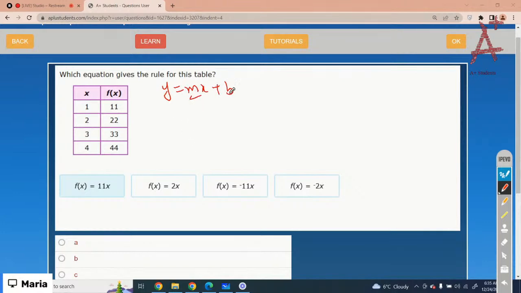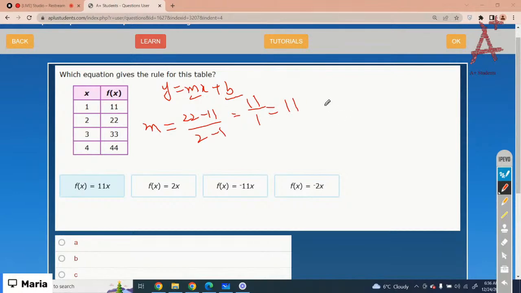You have to find the slope and y-intercept. You can find the slope using any of the 2 points, y2 minus y1, 22 minus 11, and x2 minus x1, 2 minus 1. Got it? So 22 minus 11 is 11 over 1. That means the slope for the equation is 11.